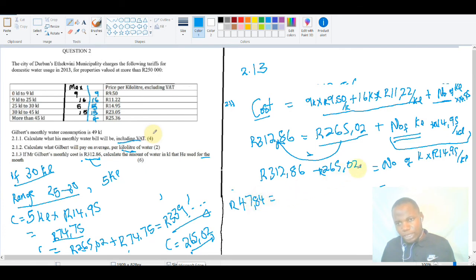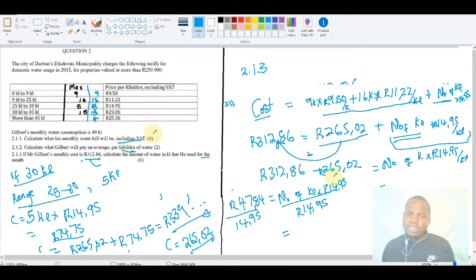equals, that side we don't know, number of kiloliters times the tariff. The tariff is 14 rand 95. So now we are looking for the number of kiloliters. Then you divide with what? 14 rand 95.